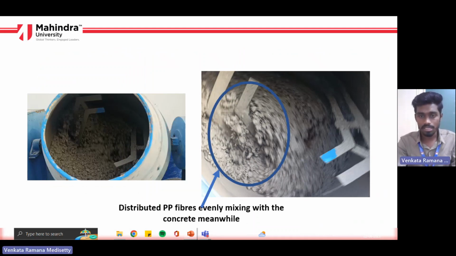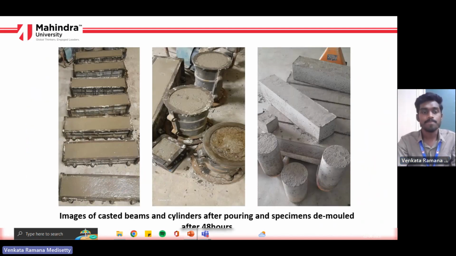So you can see in the image that a few polypropylene fibers are spilling out for the easy mix. Initially, it was thought it was a raw mix, but over time, we got a very good slump value and smooth finishing as well. And then these are a few images before and after pouring the concrete and after demolding.